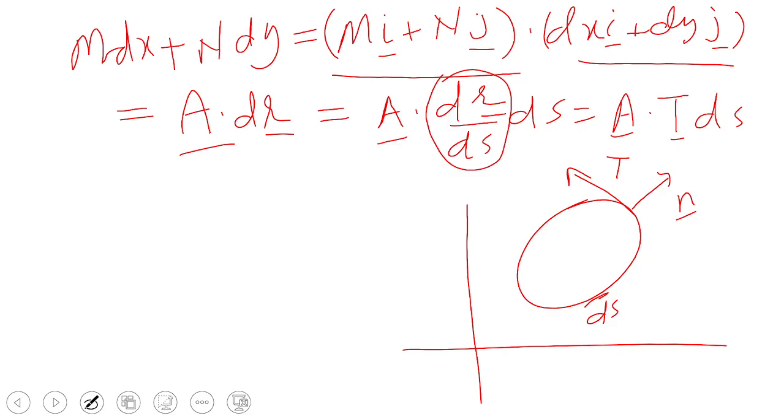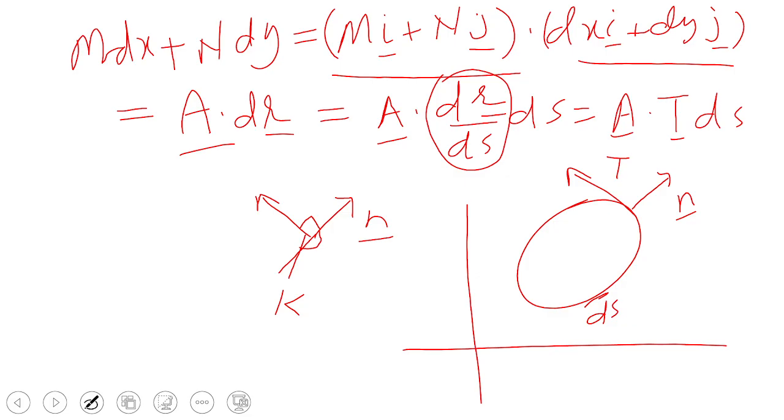So, using this concept, this is t, this is normal n, and here is k. This angle is 90, this is also 90.